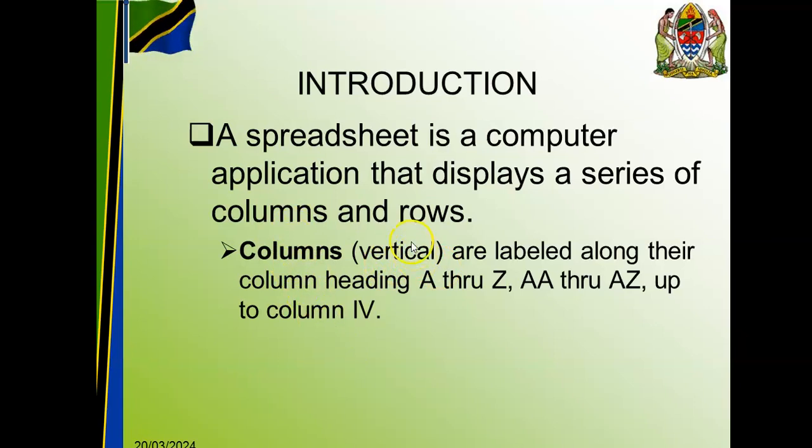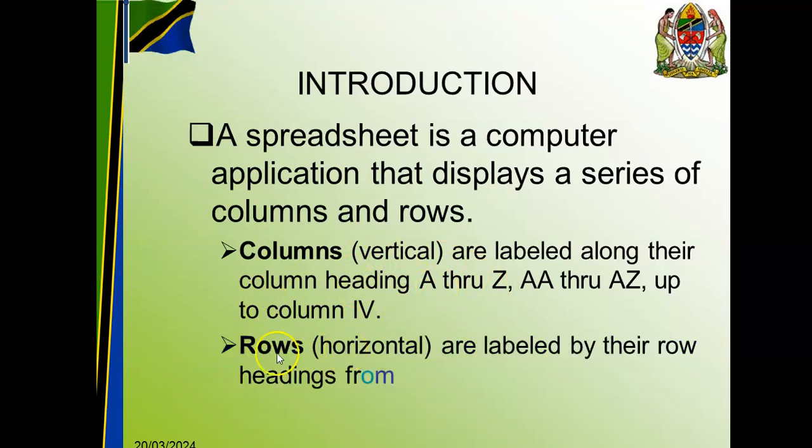So columns are vertical lines which are represented by letters, whereby rows are horizontal lines which are represented by numbers. So the horizontal line in a spreadsheet is what we call rows.